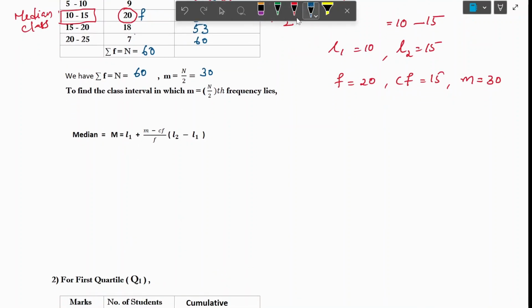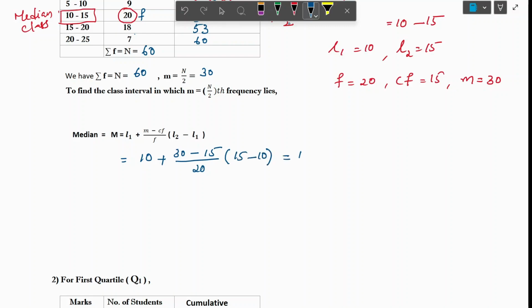Now you are going to substitute the values. Median m equal to L1. Substitute L1, that is 10, plus m. What is m here? That is 30 minus CF. What is CF? CF is 15, divided by F. F is 20, into L2 minus L1, that is 15 minus 10.